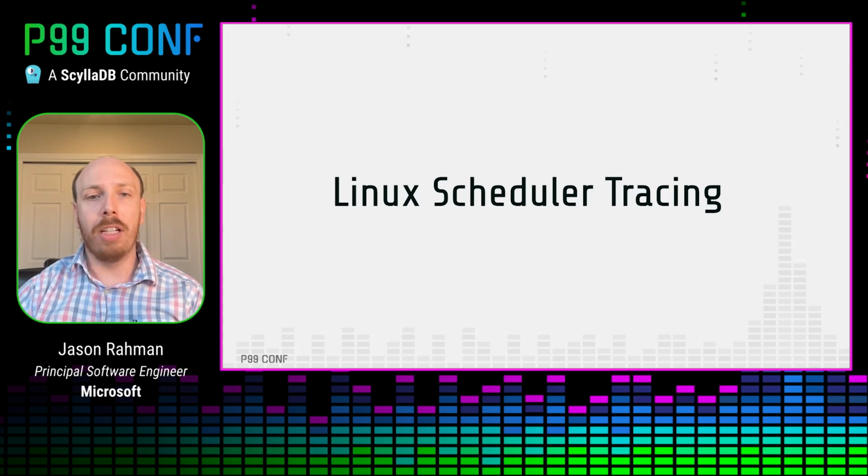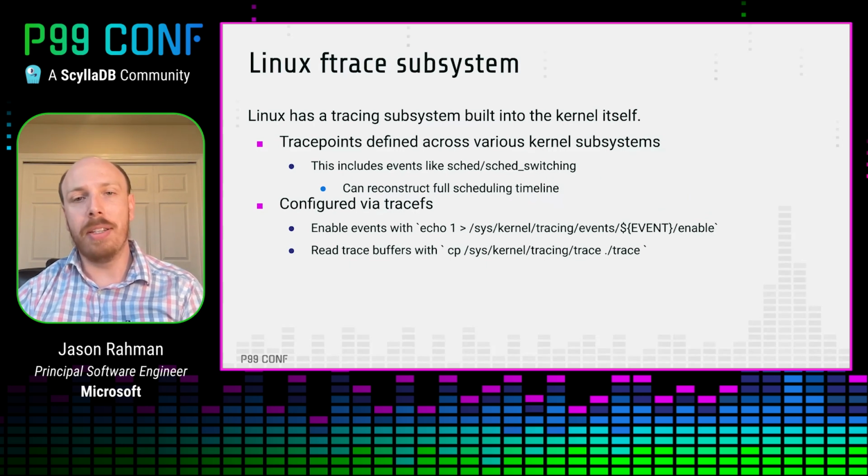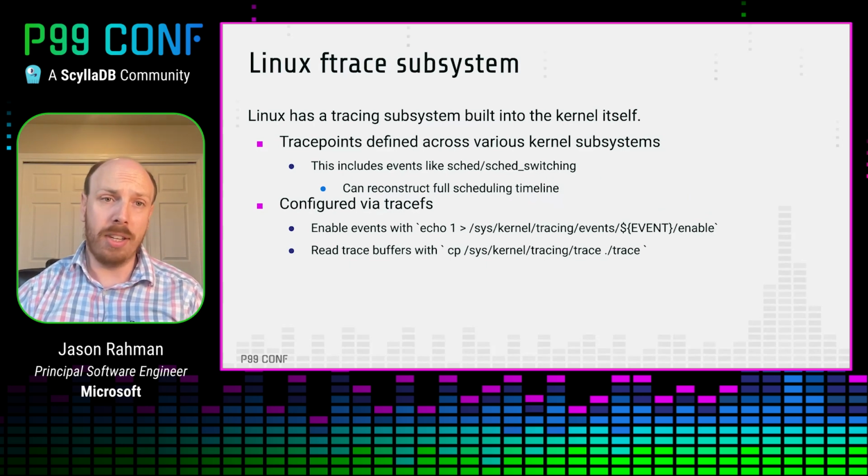So let's chat a little bit more about Linux scheduler tracing and why that can be important for our low latency applications. First off, Linux has a really nice built-in tracing subsystem, integrated into the kernel itself. There are trace points all across the kernel at various key points, whether in the system call path or, in our case, the scheduler.